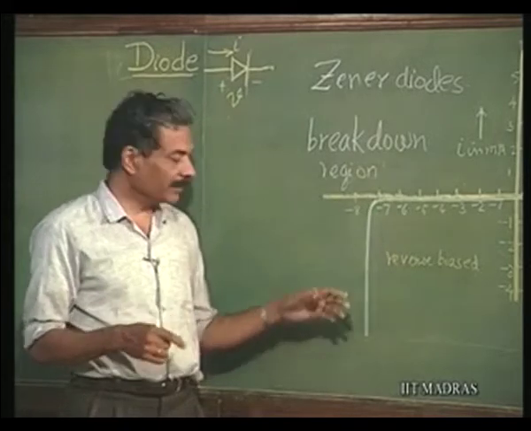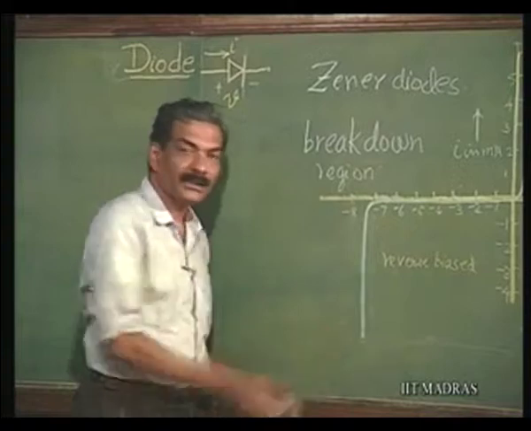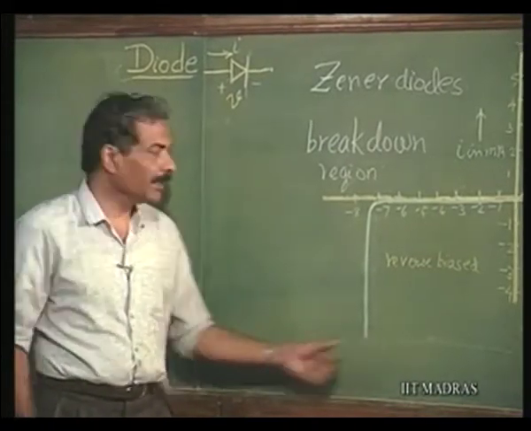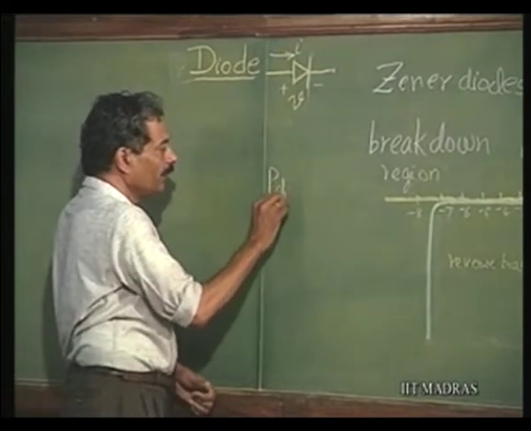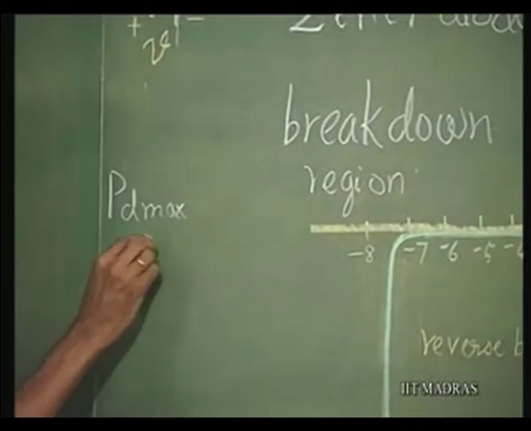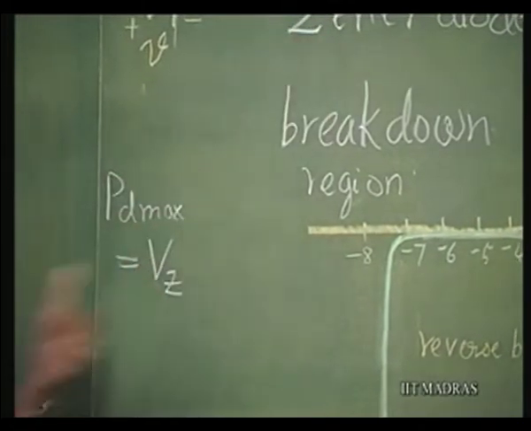So, the power dissipation is nothing but the voltage into the current at which it is operating. This maximum limit of current is specified in terms of what is called PD max, that is, nothing but the breakdown voltage, which is represented as Zener breakdown Vz.